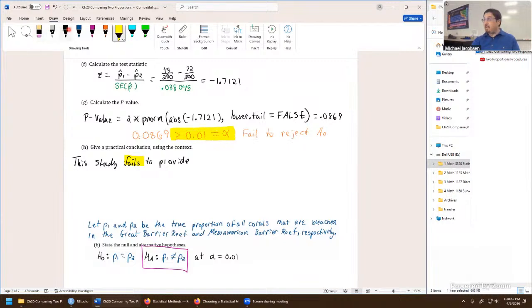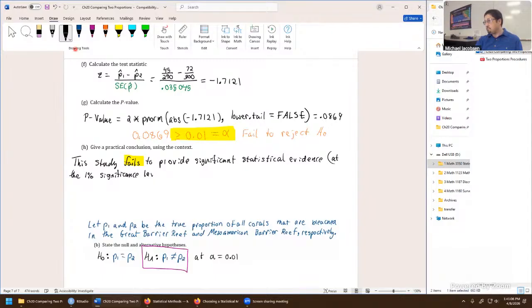It's greater than alpha in the p-value, significant statistical evidence, and I'll say in parenthetical what our level was, at the 1% significance level. That, then we return to our alternative hypothesis. We didn't find evidence that that's true.